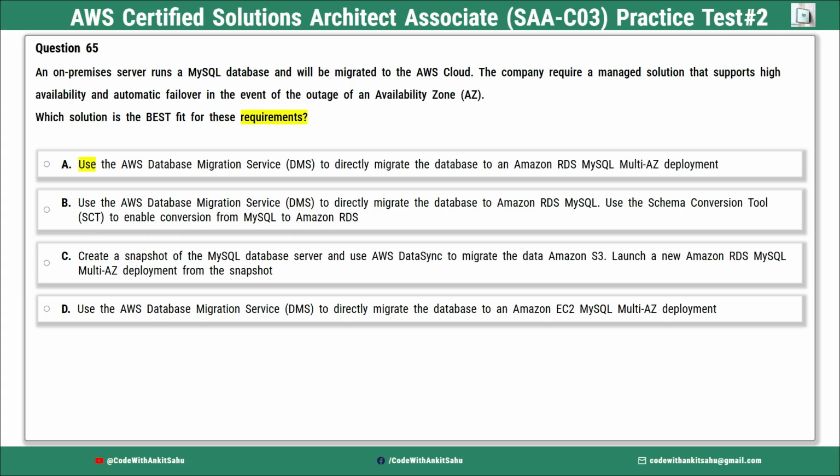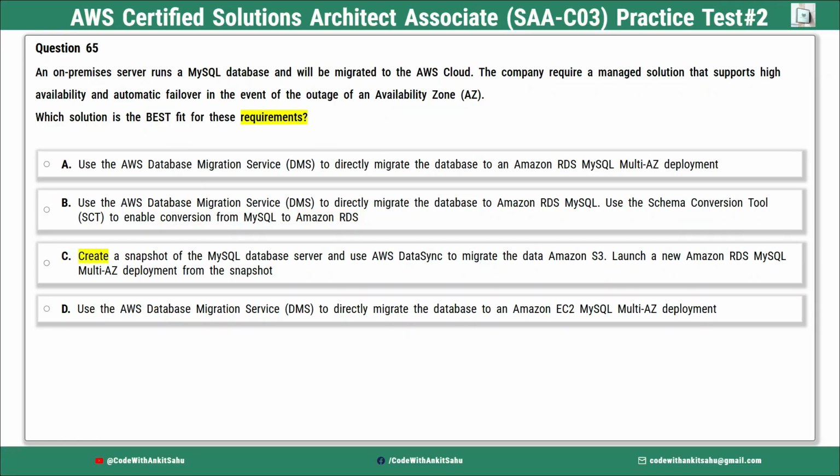Option A. Use the AWS Database Migration Service, DMS, to directly migrate the database to an Amazon RDS MySQL multi-AZ deployment. Option B. Use the AWS Database Migration Service, DMS, to directly migrate the database to Amazon RDS MySQL. Use the Schema Conversion Tool, SCT, to enable conversion from MySQL to Amazon RDS.